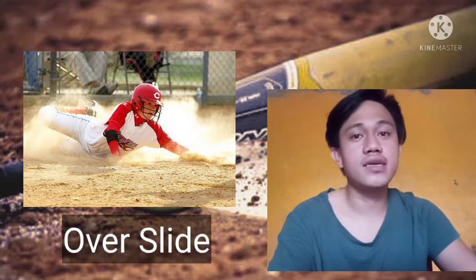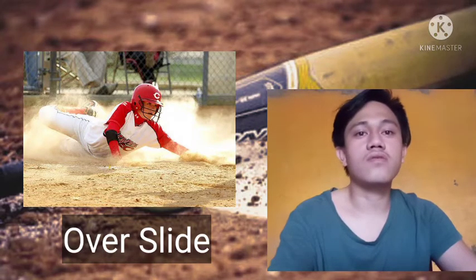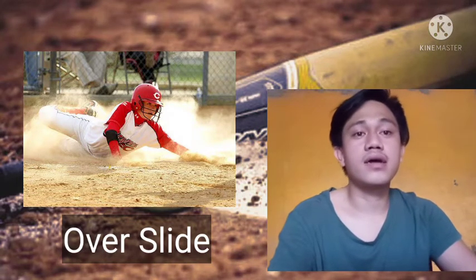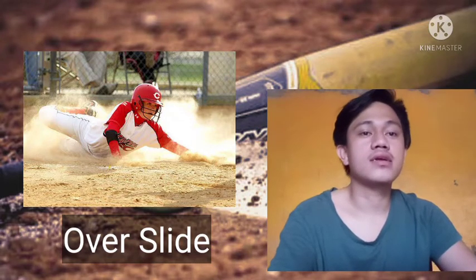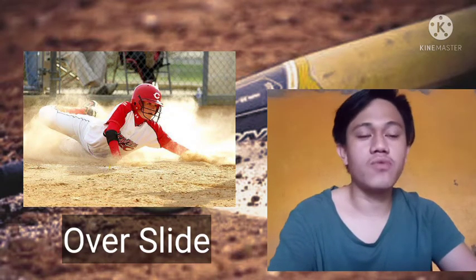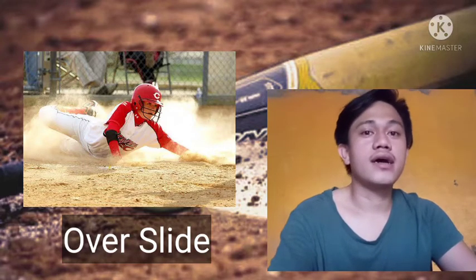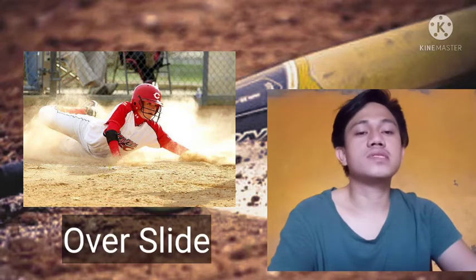Itong overslide rather ay ginagamit ng offensive player para mag-rush sa isang base para ang momentum niya is diretso lang na walang hindrance. Mas mabilis ang pagtakbo niya. Mas effective yung overslide.